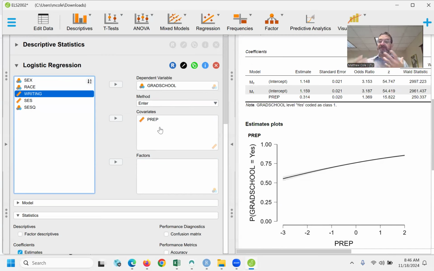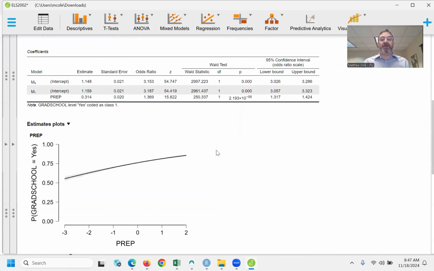And it's been standardized to a mean of 0 and a standard deviation of 1. So what we're looking at here is that the odds of attending graduate school increase by about 1.4. You're 1.4 times more likely to attend graduate school for each standard deviation increase in the preparation score.